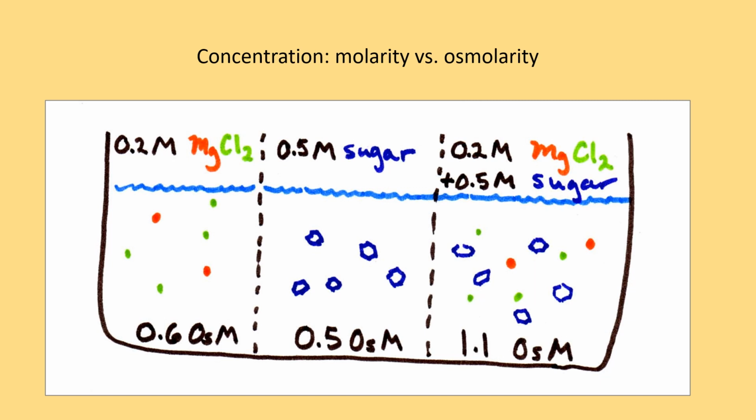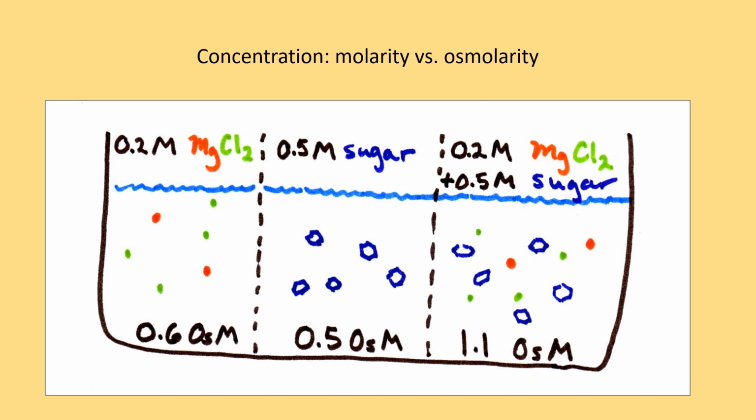Glucose is not ionic, rather it has polar covalent bonds, and those covalent bonds remain intact. So when a glucose molecule goes into solution, that whole molecule becomes surrounded by water molecules. Every glucose molecule that goes into solution gives rise to just one glucose molecule. Nothing separates. And so the conversion between molarity and osmolarity is easy. There's nothing to multiply. A 0.5 molar glucose solution has an osmolarity of 0.5. The particle number doesn't change.